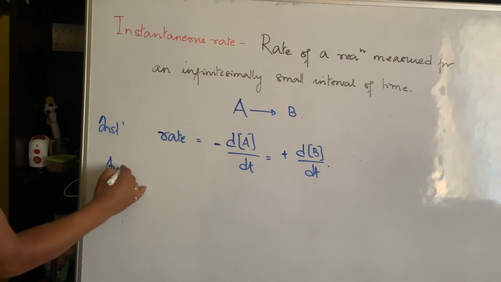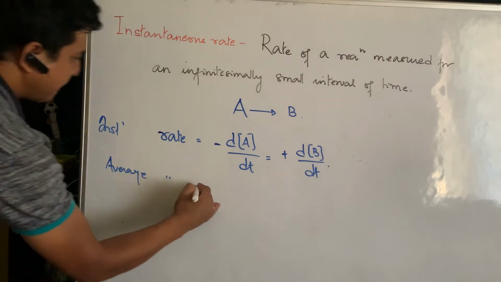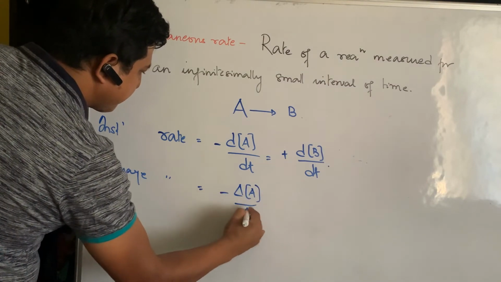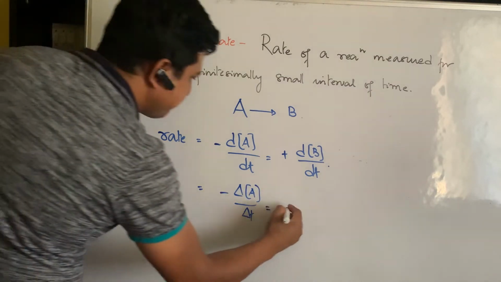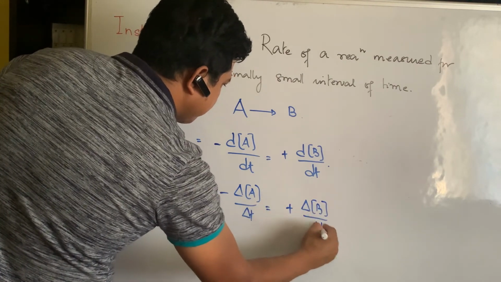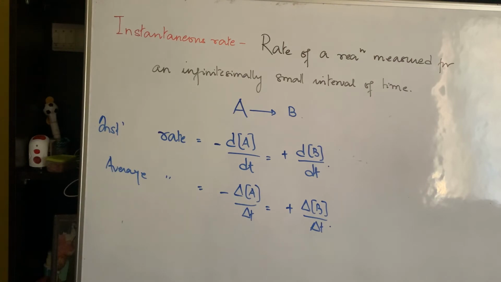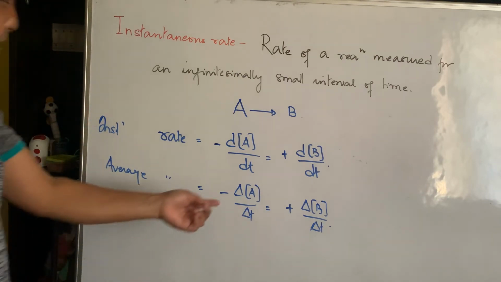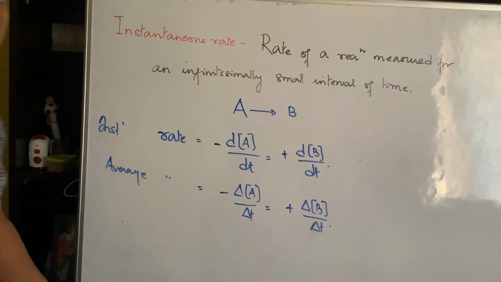So again, I will write down the average rate. Average rate is minus del A by del t, which is equal to plus del B by del t. The only difference here is how we express the change. For the average rate, we denote the change by this symbol delta.